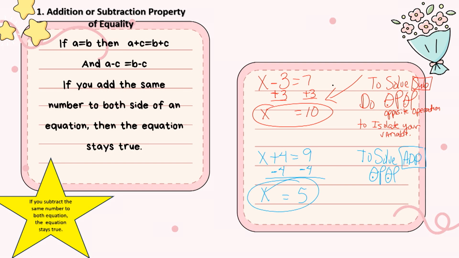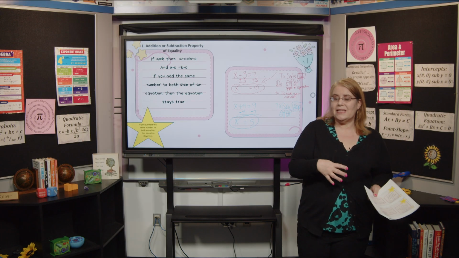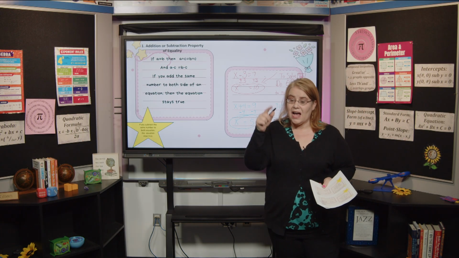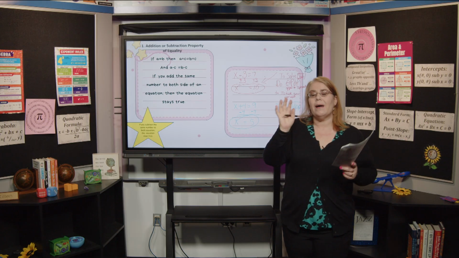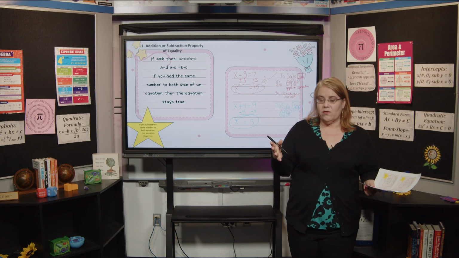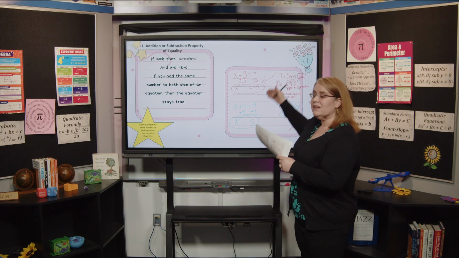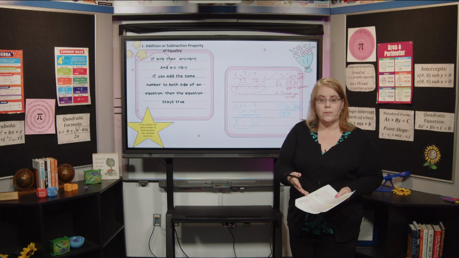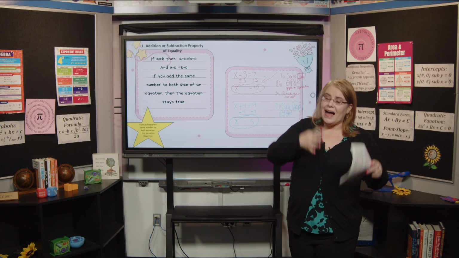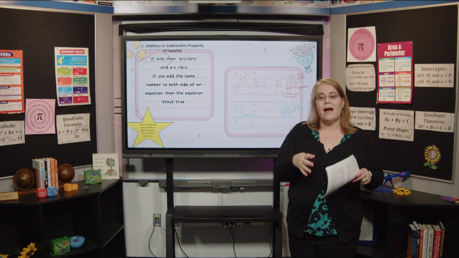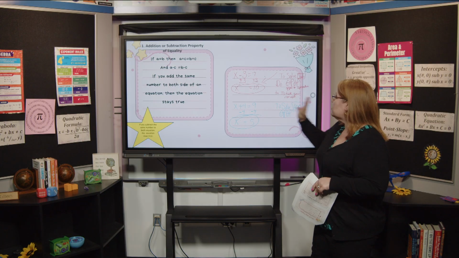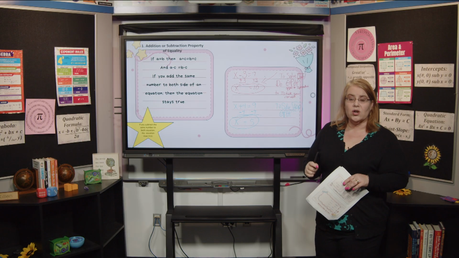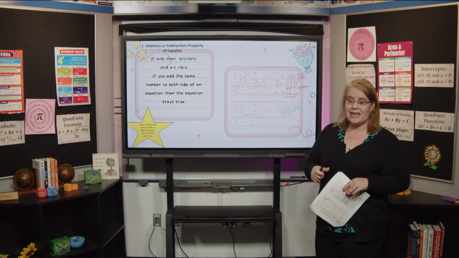So it's the same concept no matter what type of problem I have. If I'm subtracting in the problem, I'm going to add, which is the opposite operation, to get my variable, x, whatever it is, by itself. If I have an addition problem, I'm doing the opposite operation, which would be subtraction, on both sides to isolate, get by itself, my variable. So these are very key words that we need to make sure we're understanding.